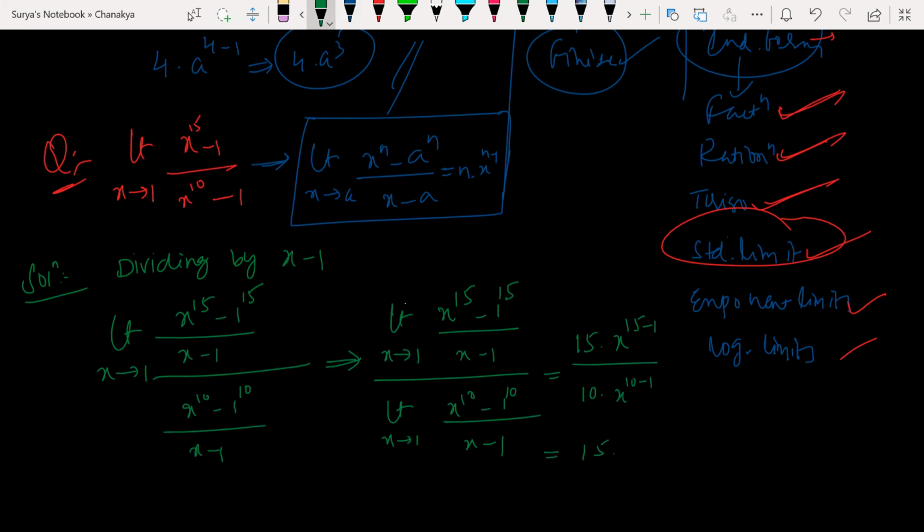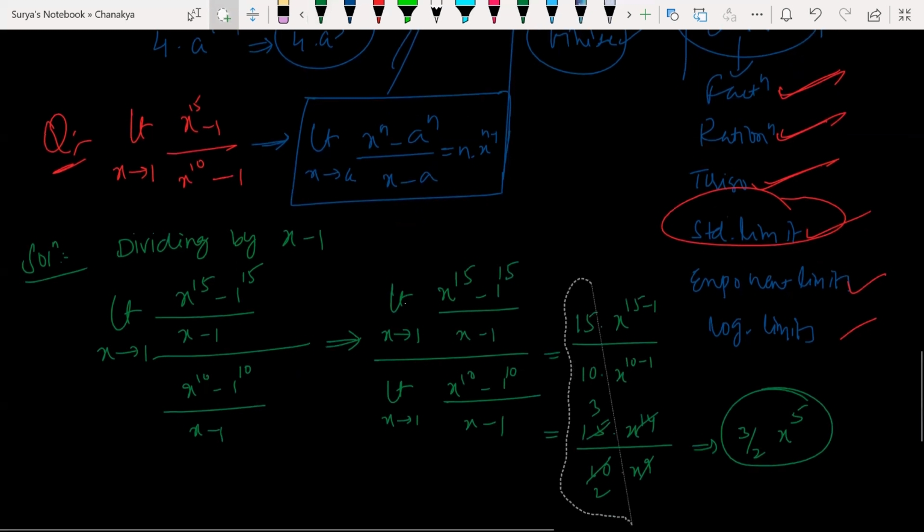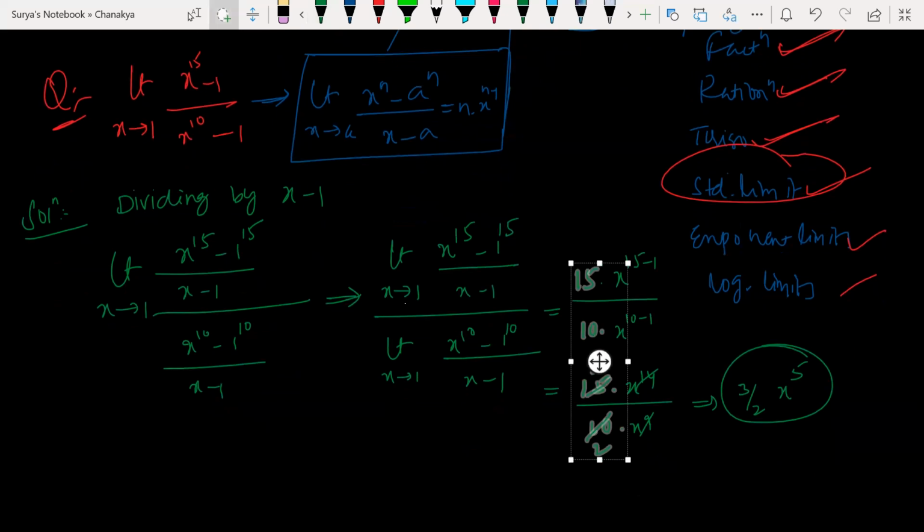So 15 into x to the power of 14 divided by 10 into x to the power of 9. So 9 powers will get cancelled. What do I remain with now? 5 2s are 10, 5 3s are 15. So 3 by 2 x to the power of 5. 3 by 2 x to the power of 5 is the answer. Okay, sir, but we have limit x tends to 1 now. Where will it go? You understand or not?